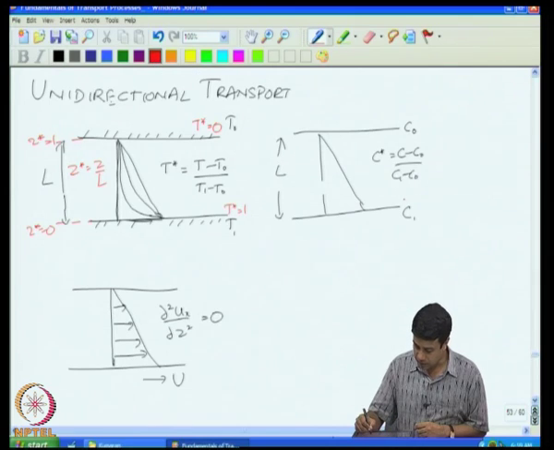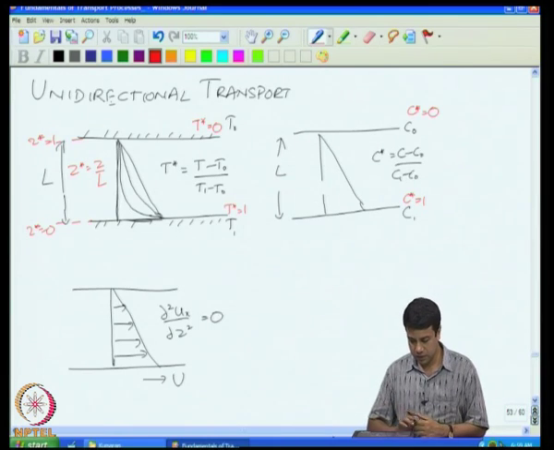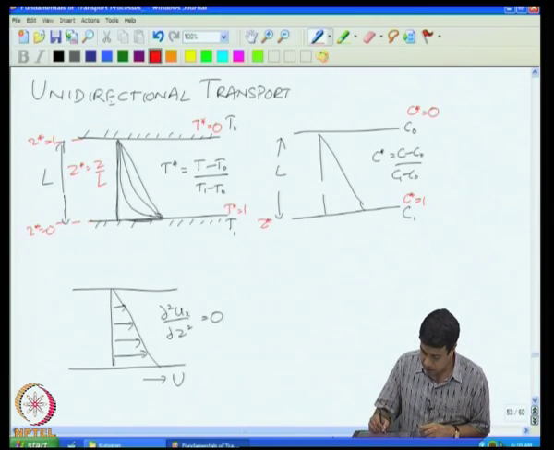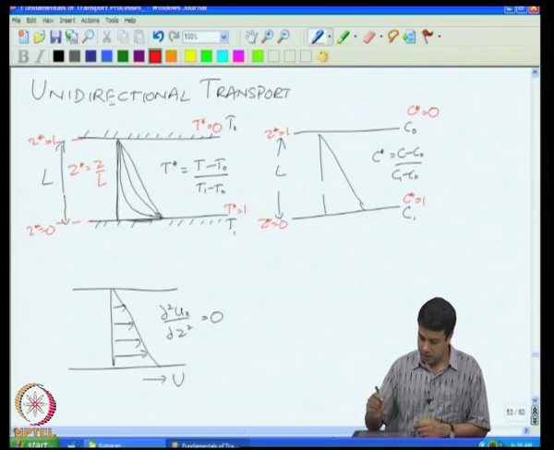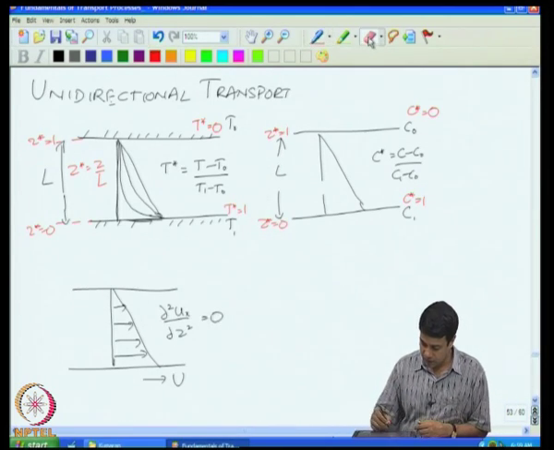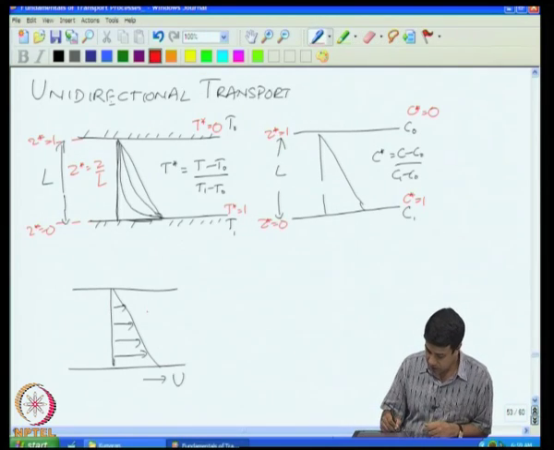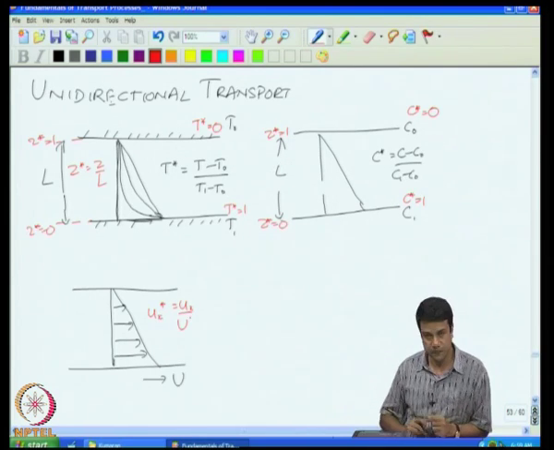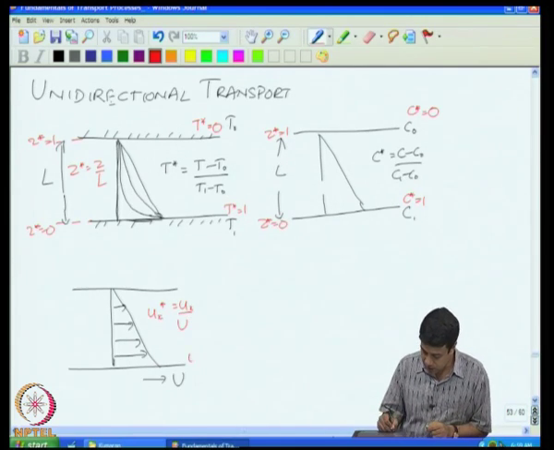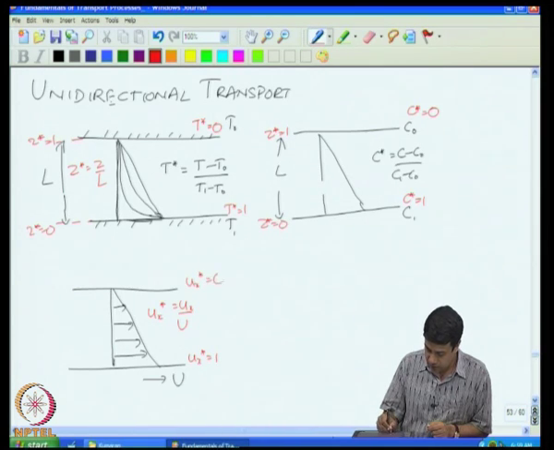That means that at the bottom C star is equal to 1 and at the top C star is equal to 0. Once again, z star is equal to 0 at the bottom and z star is equal to 1 at the top. In the case of the momentum conservation problem, I could define a scaled velocity ux star is equal to ux by U, in which case ux star is equal to 1 at the bottom and is equal to 0 on top.